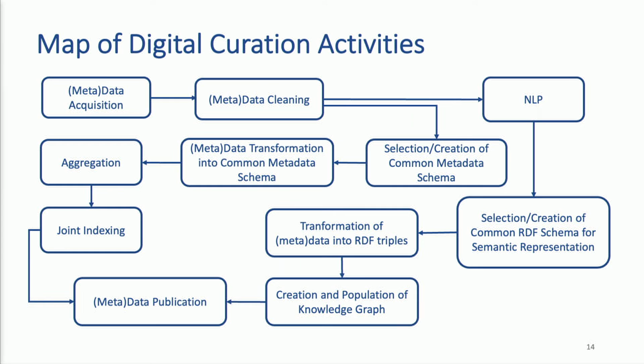Though I'm a computer scientist, I will not get into any technical details. I will just describe the activities that we have followed. This is a map of digital curation activities that we have performed on the archival records that we had in hand. There were actually 2 parallel paths that we followed.